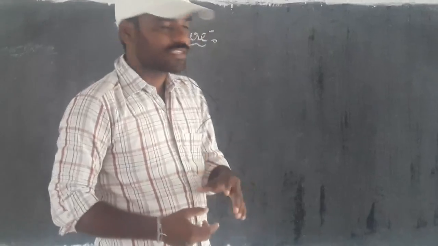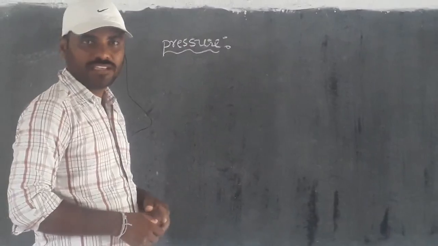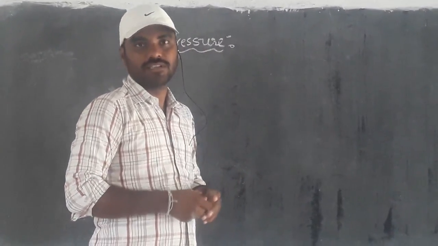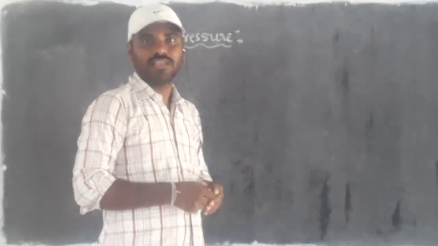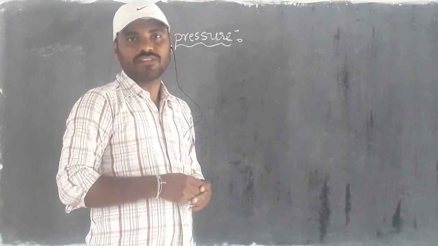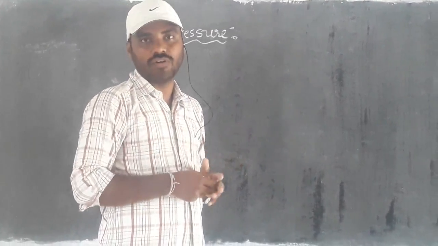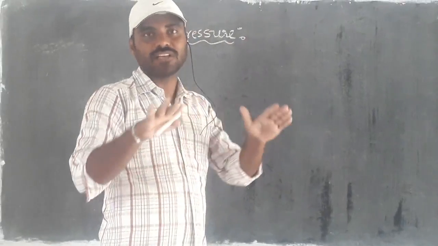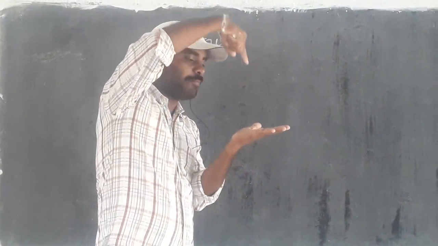Now we are going to discuss a concept, pressure. To discuss this, first we have to take the definition. Simply, the amount of force acting perpendicularly on a unit surface, that we call pressure. Means if you take any particular surface area, on that we have to take a perpendicular force.